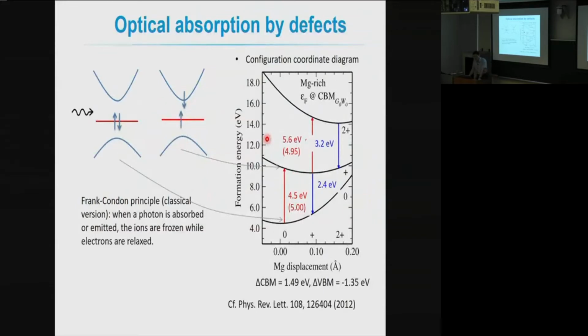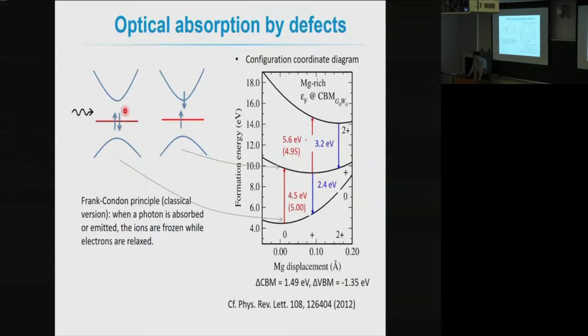But here, one thing that you have to remember is that, for instance, if there is a defect, then a photon is absorbed. One of the electrons, by absorbing this photon, is excited into the conduction band. There is a photon absorption by this defect level. But one thing that's different from the previous calculation is that this absorption occurs so instantly.